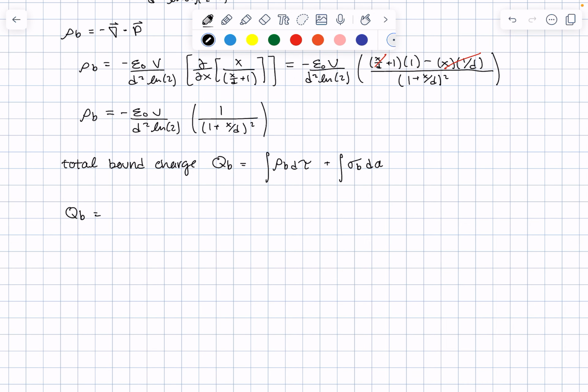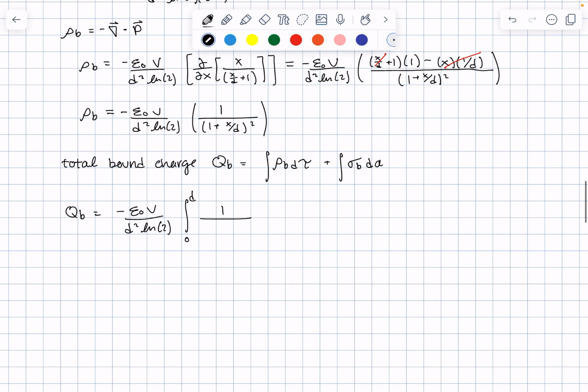Our bound charge will be equal to negative epsilon naught v over d squared ln 2, the integral from 0 to d, 1 over 1 plus x over d squared, times our area, and then just dx.